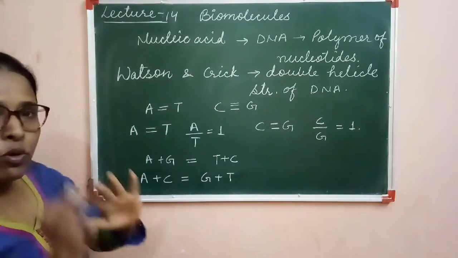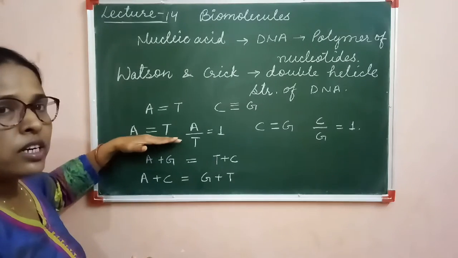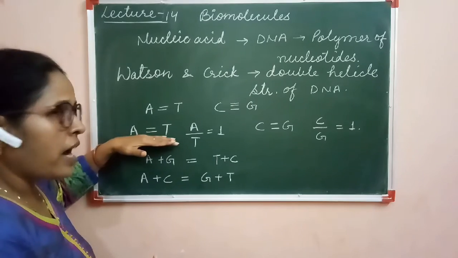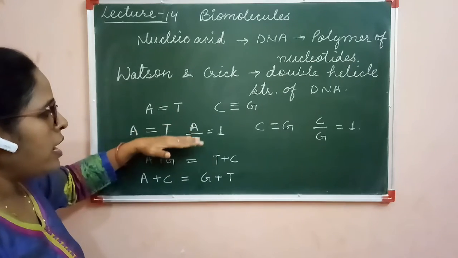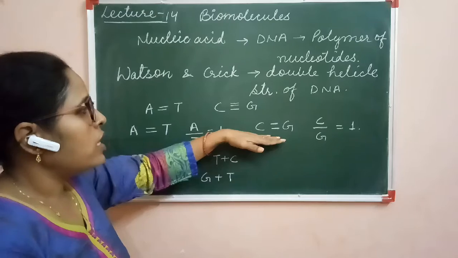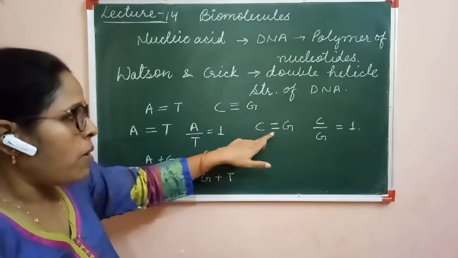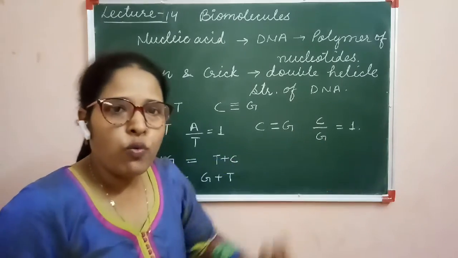Clear? Once more the base pair rules. A pairs with T with a double bond. It means adenine pairs with thymine with a double bond, and the ratio of A and T is always equal to 1. Cytosine pairs with guanine with a triple bond and its amount is always equal and the ratio is equal to 1.